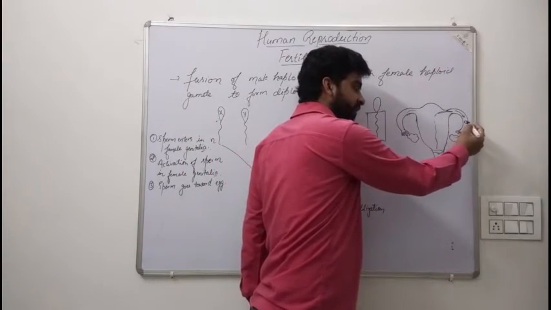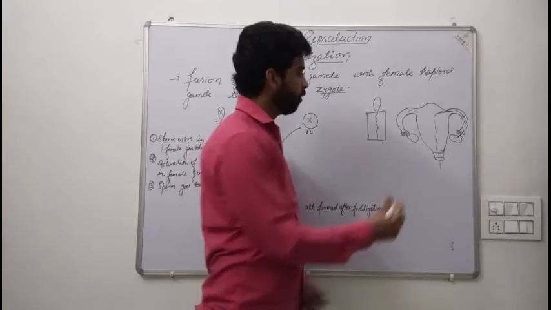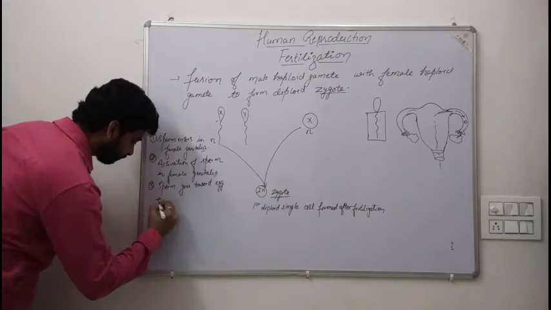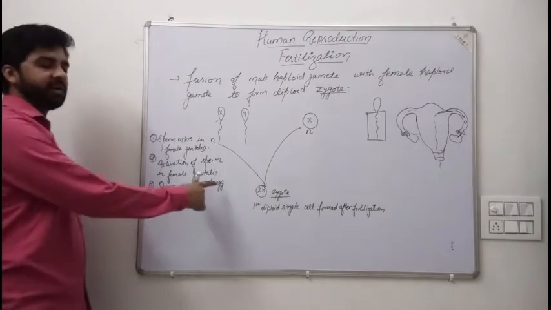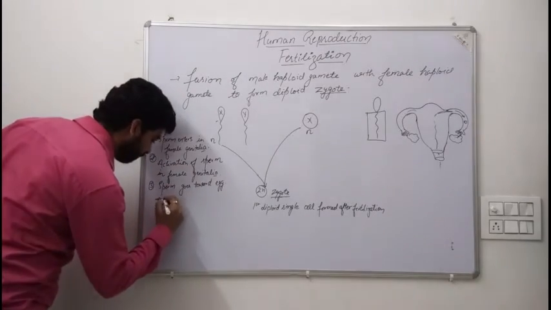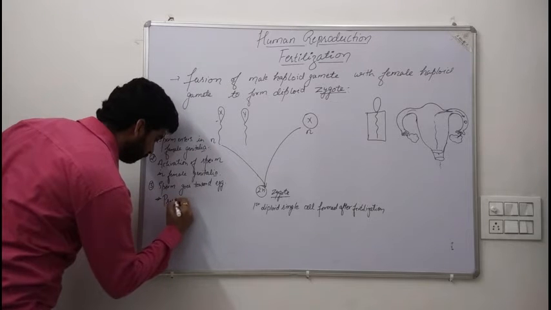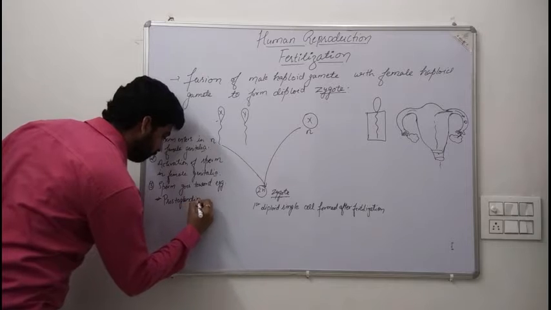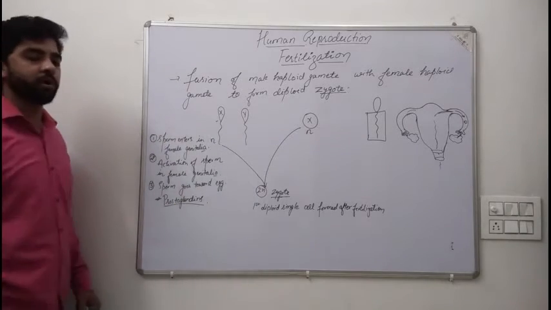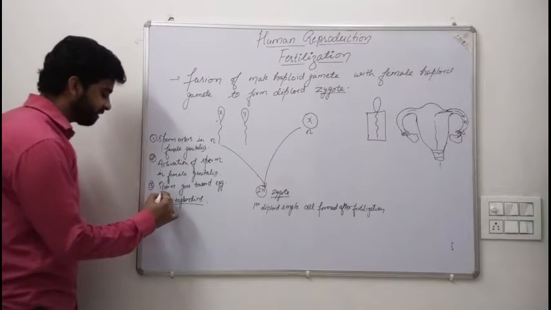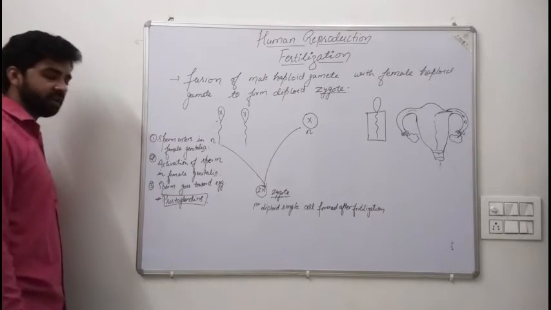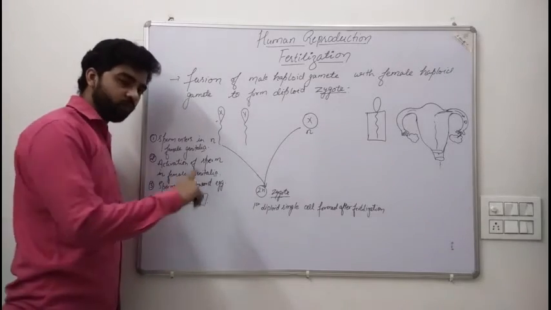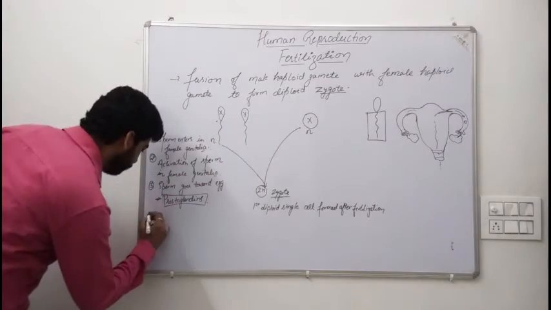The trigger that moves the sperm in this direction is a chemical secreted by the egg, that is prostaglandins. We can say it's a proteinous target which triggers sperm to move toward the egg.